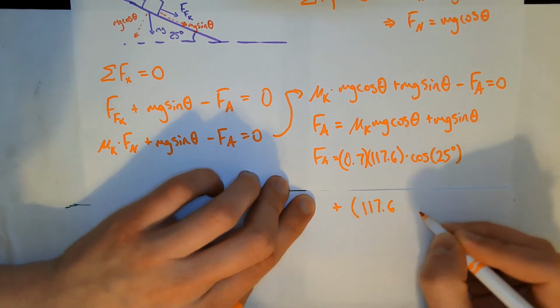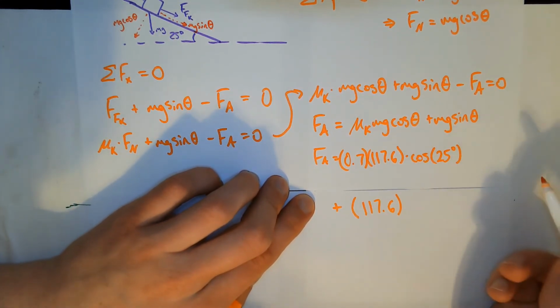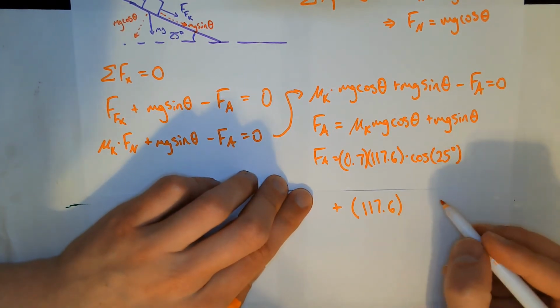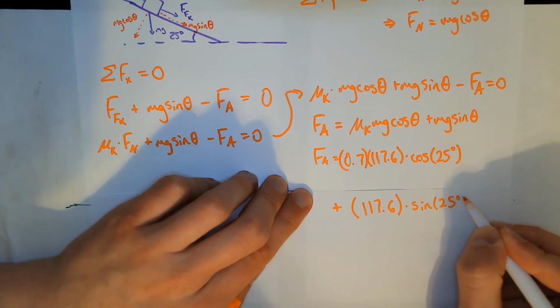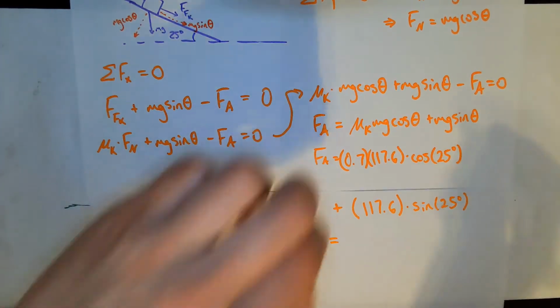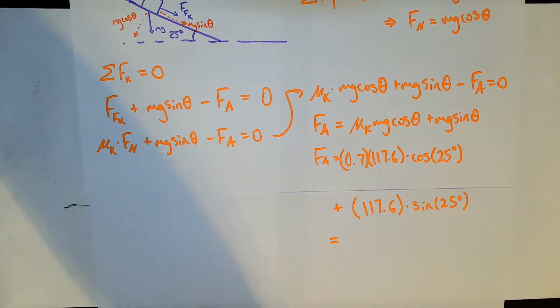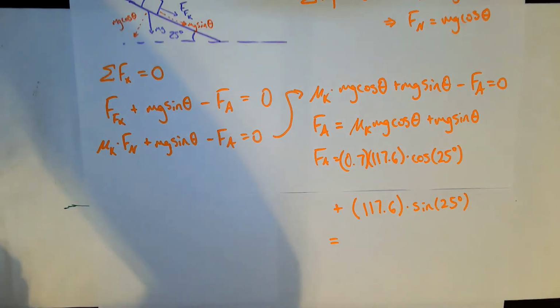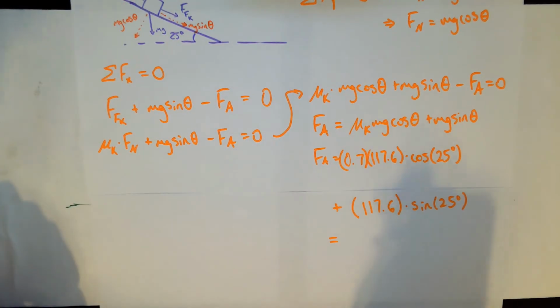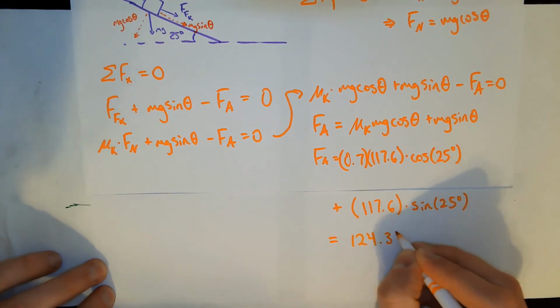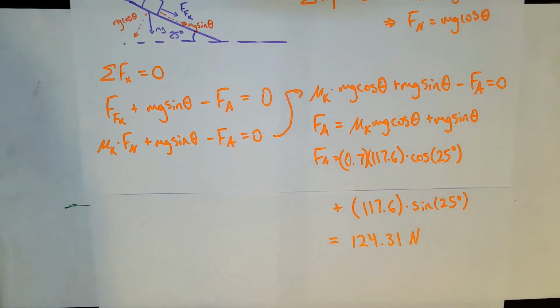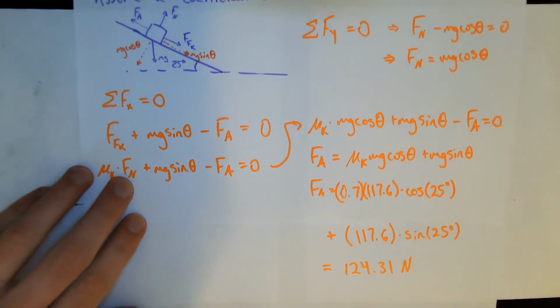I was not given just mass in kilograms, I was straight up given newtons, so a weight. And then times sine of 25 degrees. So I got 124.31 newtons for my applied force needed to maintain an upward push at a constant velocity.